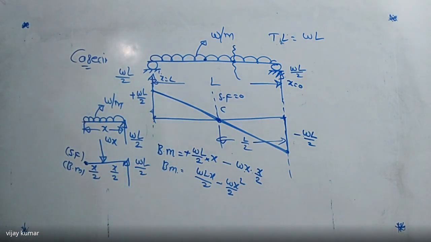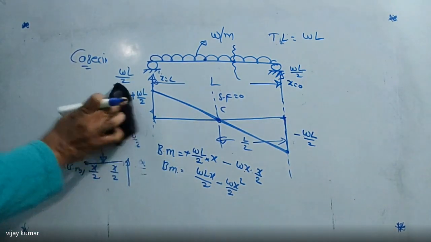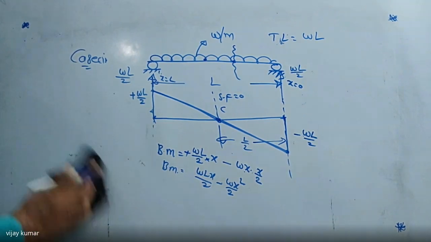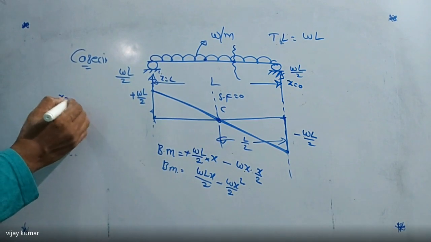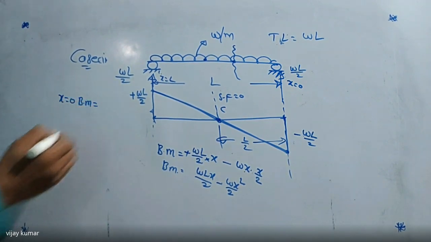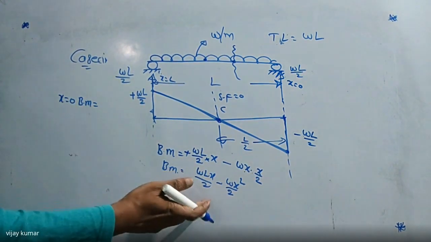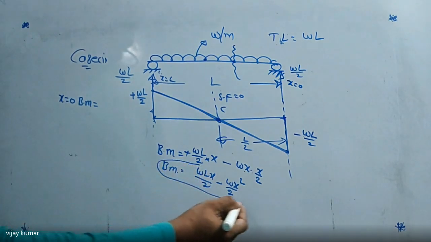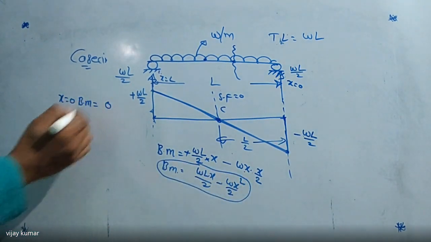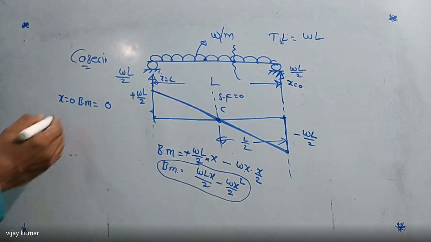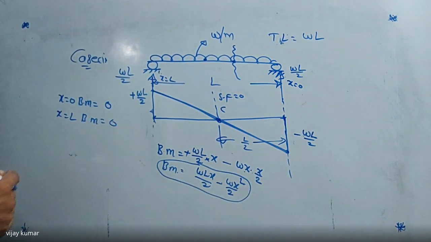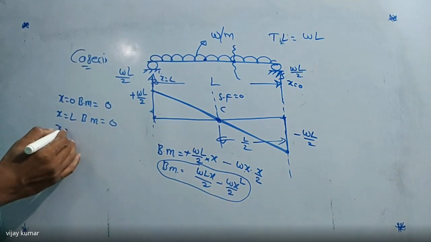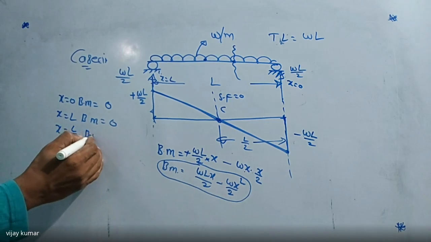Now I want to find the bending moment at x equal to 0 and at x equal to L. Listen carefully here. At x equal to 0, what is the value of bending moment? Tell me from this equation. 0. So at x equal to L also, what is the bending moment value? 0. Now at x equal to L by 2, what is the value of bending moment?